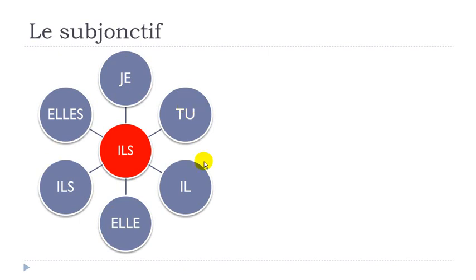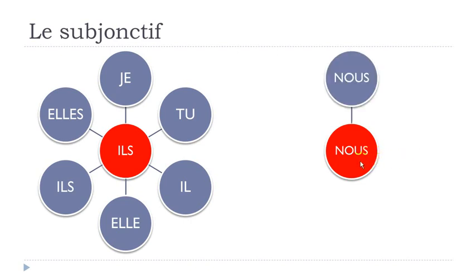And that's the difficulty because, of course, for nous and vous, you will have to use the nous form of the present to construct nous and vous. That's the tricky thing of the subjunctive, and that's why in many cases students tend to say, oh my god, it's too difficult.